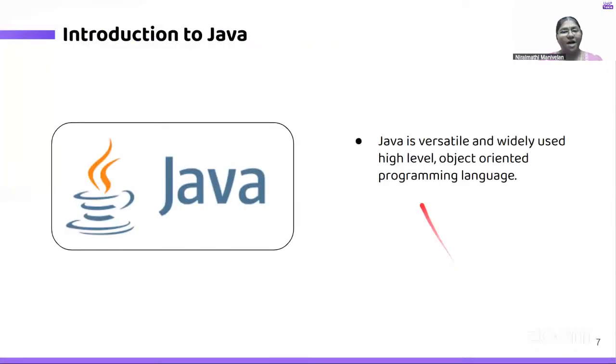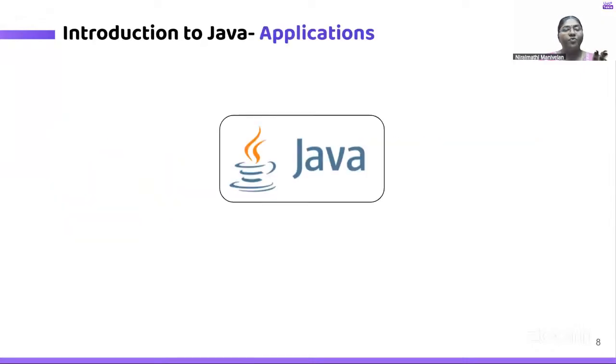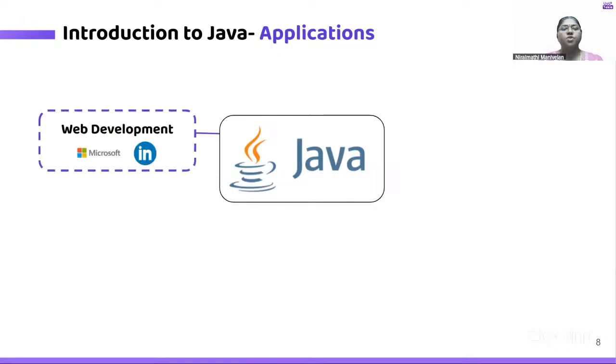First, Java is a versatile and widely used high-level object-oriented programming language. It was developed by James Gosling. And where do we use Java basically? It is a very old language. We are using Java to create so many things. Java is used to create websites.